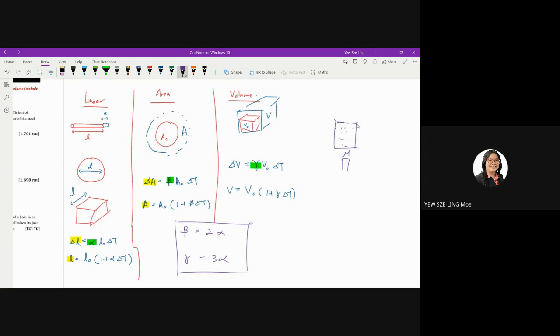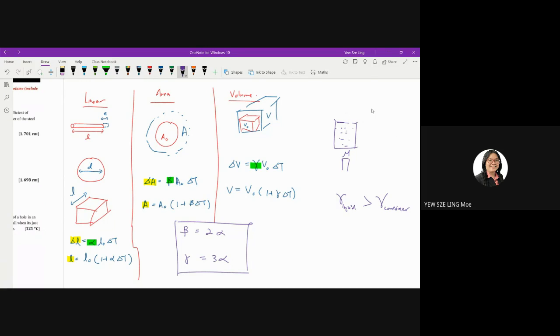So when you heat both of them together, the liquid will expand faster. Why? Because the gamma for the liquid is larger than the gamma for the container. Therefore it expands faster. That's why overflow happens. When you heat it up, the liquid will spill out.